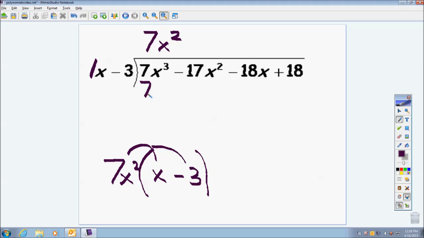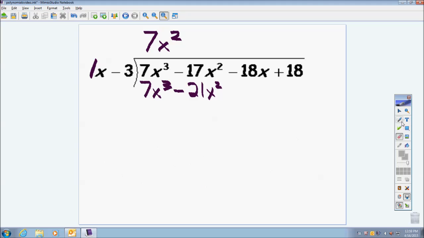These will always be the same numbers. Everything should be exactly the same. Minus 7 times 3 is 21, 21x squared. So how I got this is I took this top term times this entire thing. Distribute, and you get that.